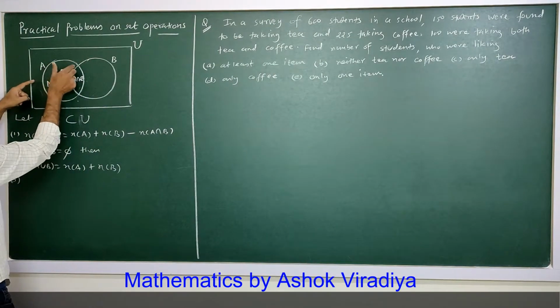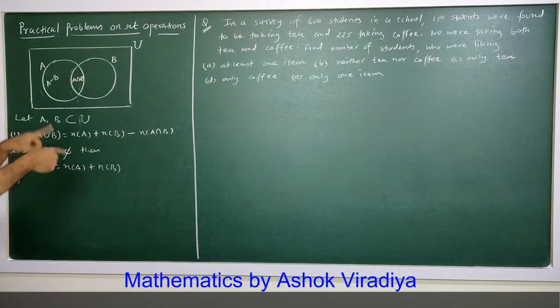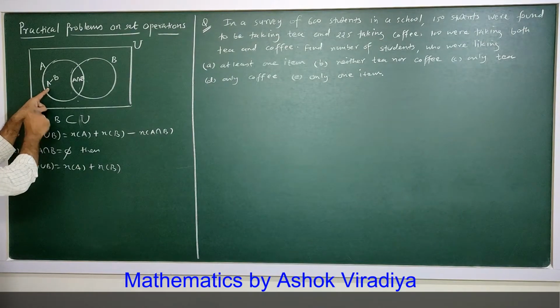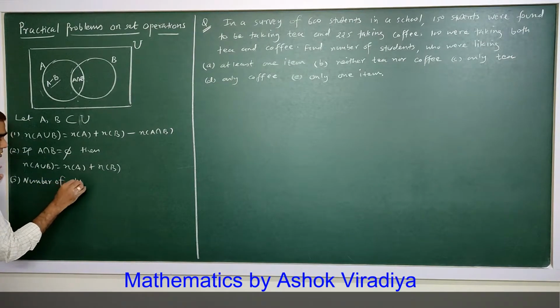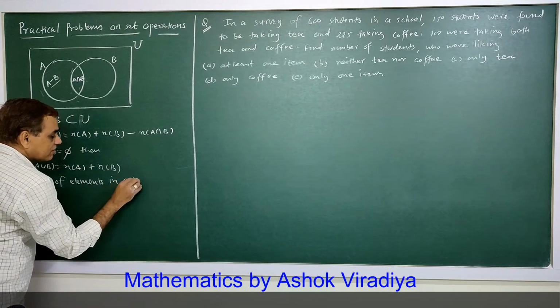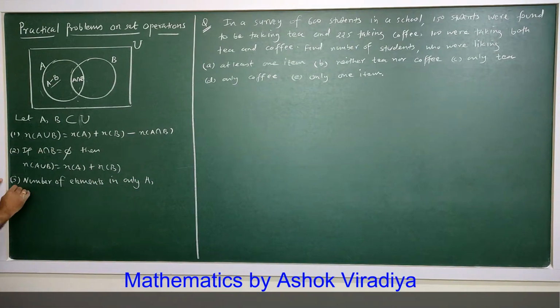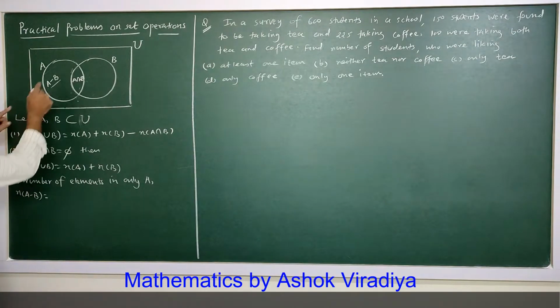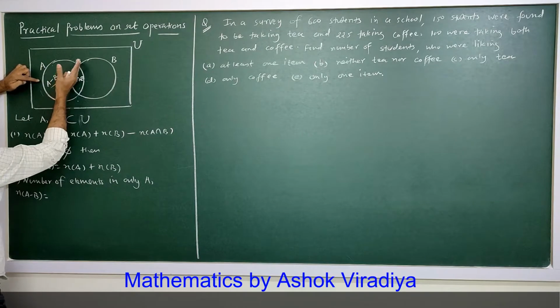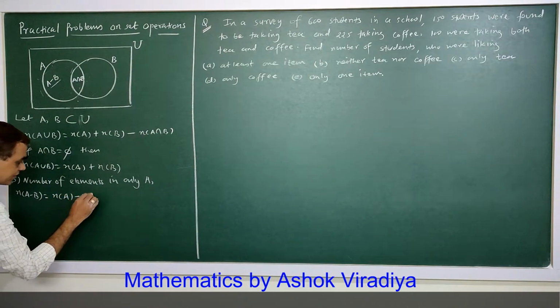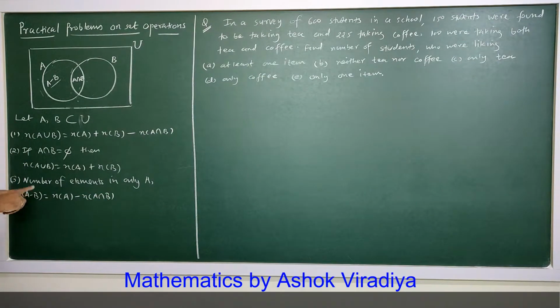So this is the region representing set A minus B, means elements which are in A but not in B, means only A. Number of elements in only A, that is number of elements in A minus B. So number of elements in this region can be expressed as number of all the elements in A minus common elements. So that means number of elements in only A.